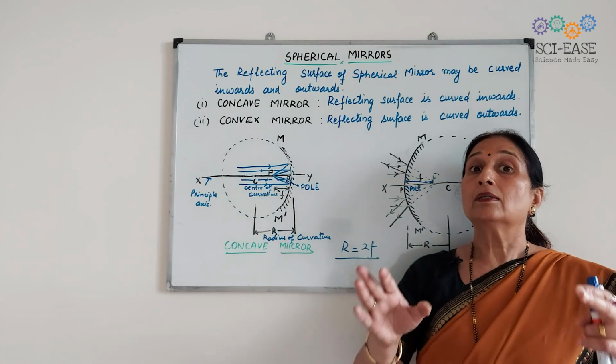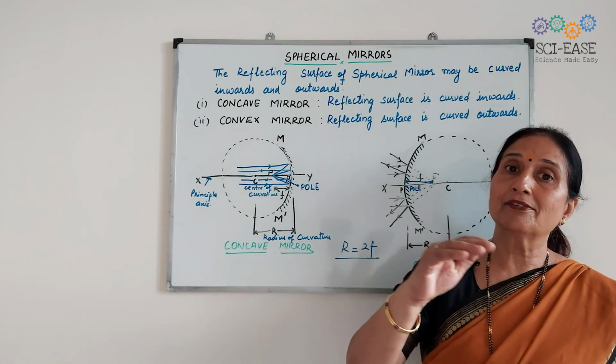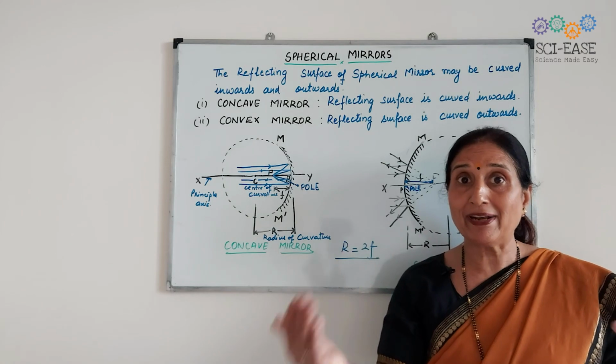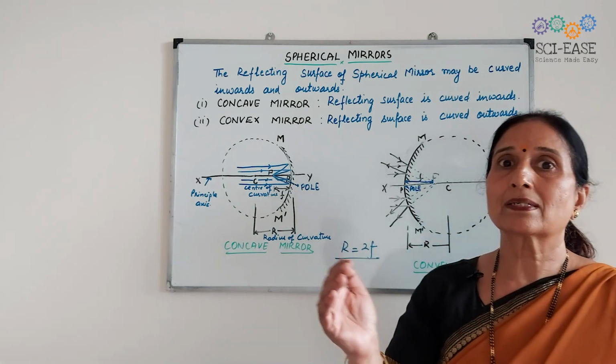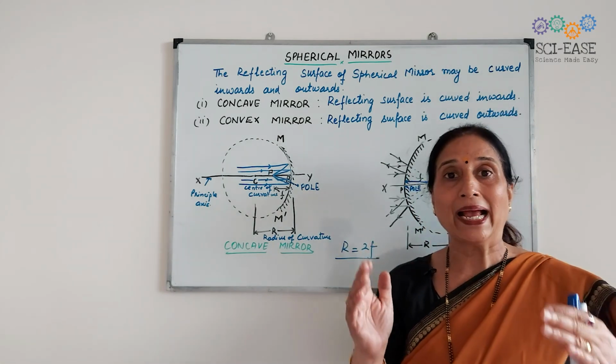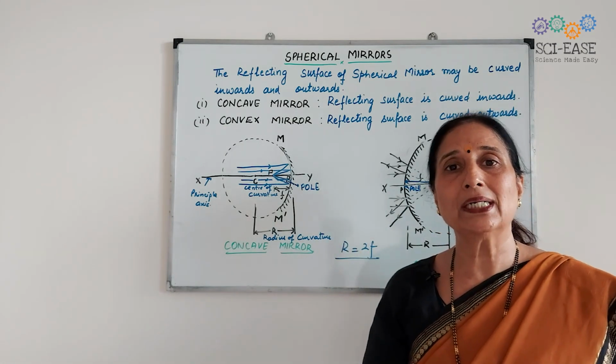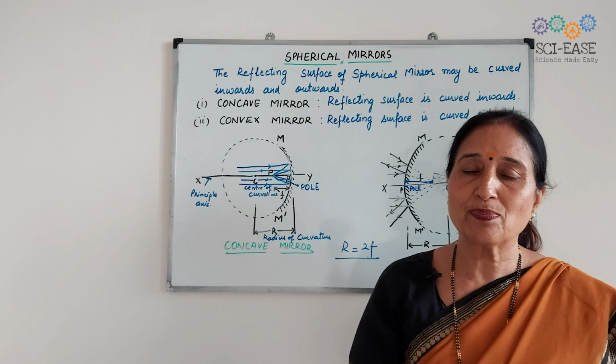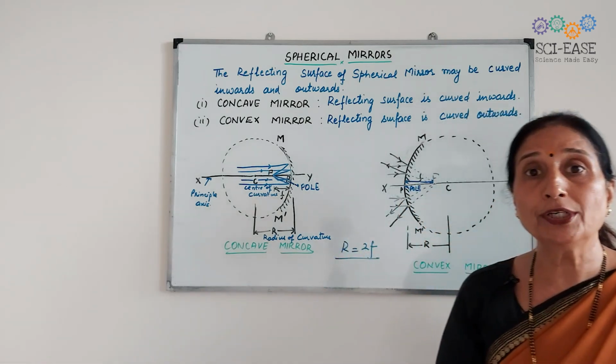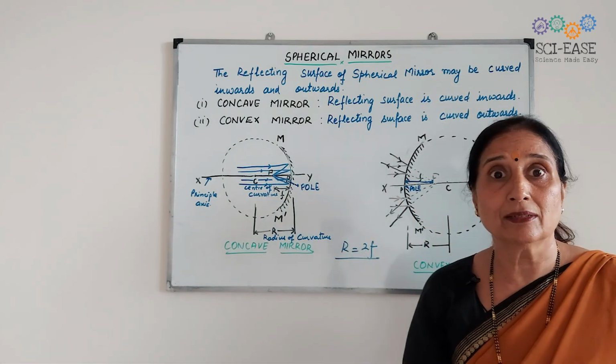If the reflecting surface of the mirror is curved inwards, then it is known as a concave mirror. If it is curved outwards, then it is known as a convex mirror. Then I have told you about some of the terms.